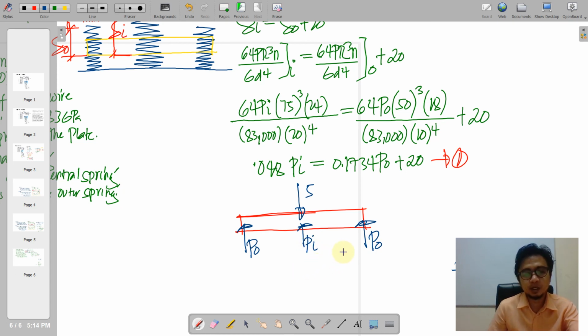So obviously, we'll just have to take the equilibrium equation along the y-axis, and then we can say that Pi plus 2PO is equal to 5. So let this be our equation 2.